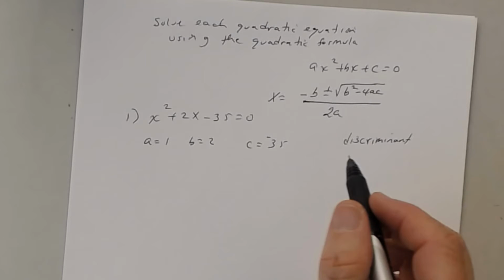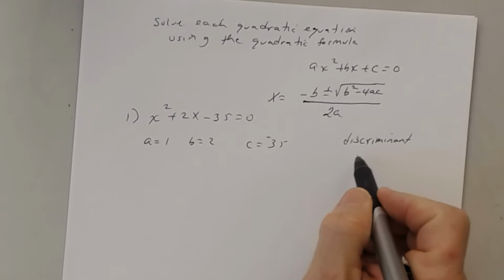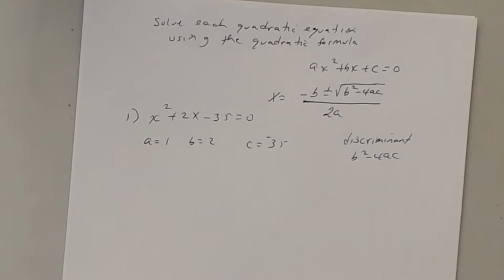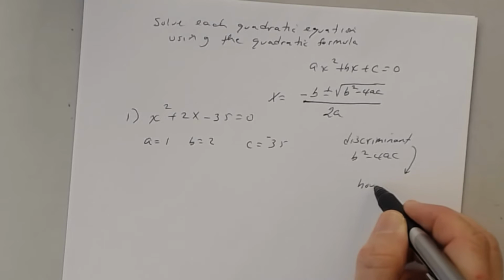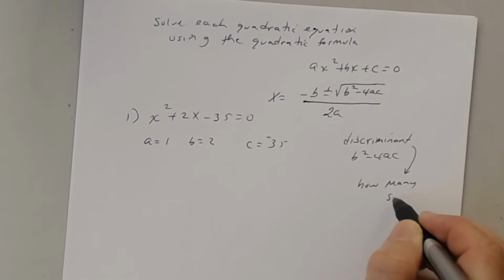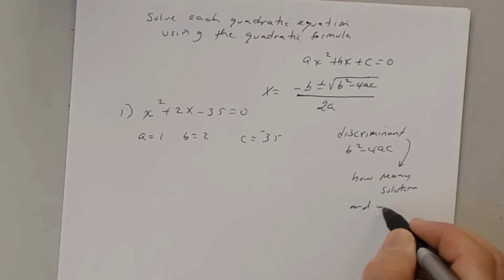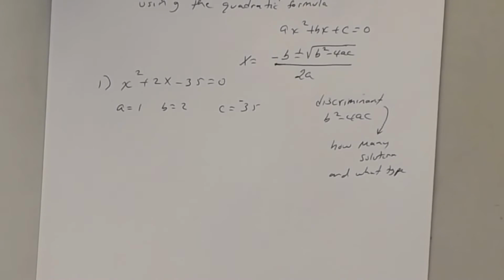The discriminant is just your radicand that you see here, so your discriminant is b squared minus 4ac. As we go through this, we'll refer to the discriminant and see if it makes sense that the solutions we got are what they are. Basically, the discriminant will tell you how many solutions you're going to have and what type.